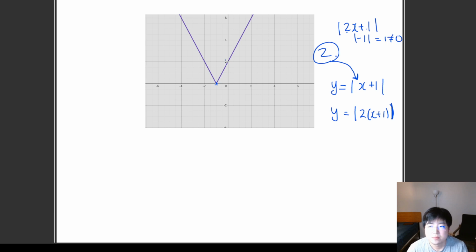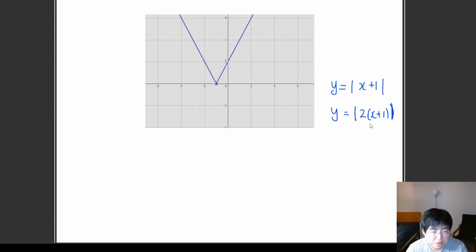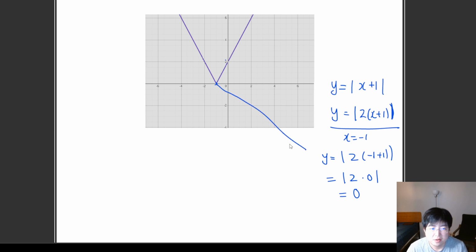But if I multiply 2 to the entire part inside the absolute value, y equals absolute value of 2 times x plus 1, now if x is -1, y is absolute value of 2 times -1 plus 1, which is absolute value of 2 times 0, so 0, which corresponds to this graph.